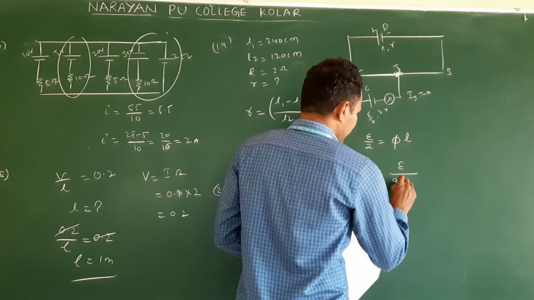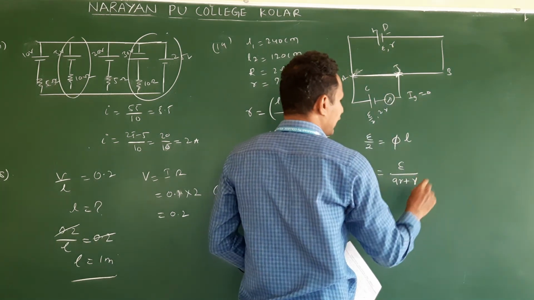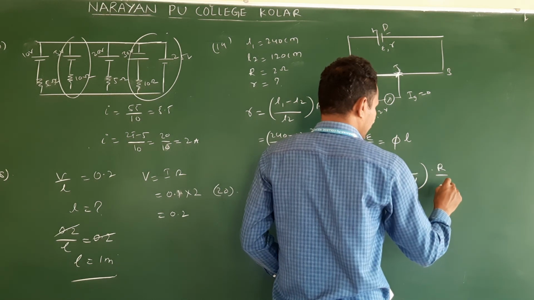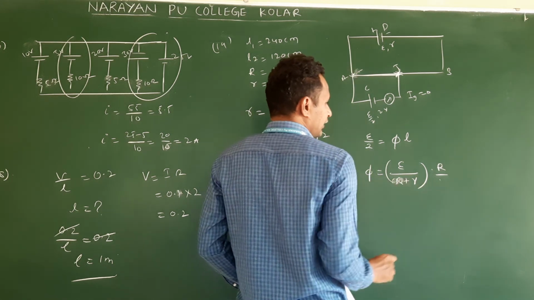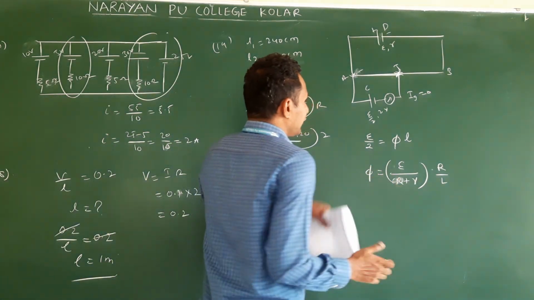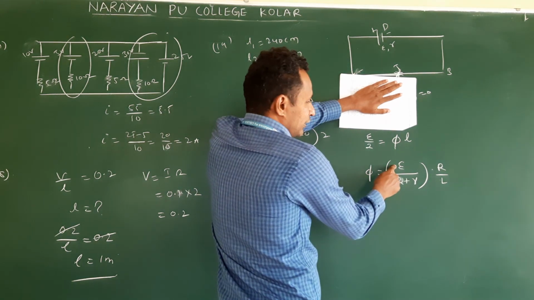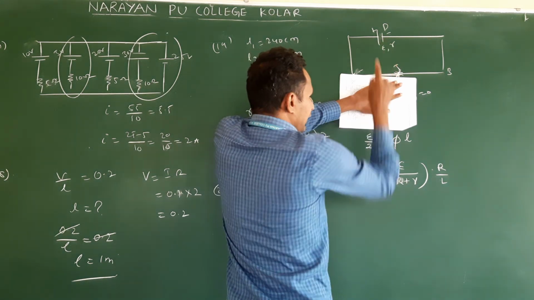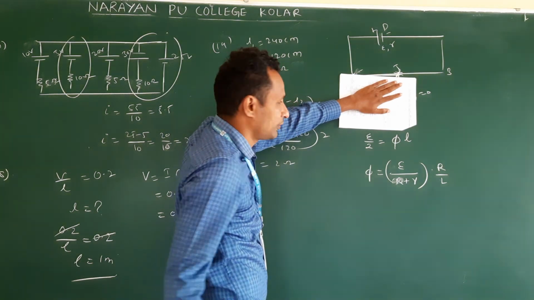Total resistance is 9R plus the external resistance R in the primary circuit, into resistance per unit length, R by L. Actually this is capital R, externally connected. Okay? EMF, leave this one. Potential gradient, how do you write it? EMF by the resistance of the wire plus the resistance of the cell, into resistance per unit length. Clear?